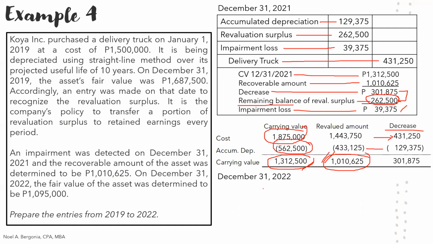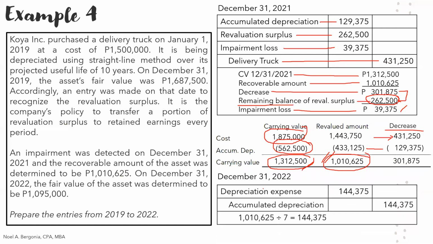So, on December 31, 2022, entry ulit for depreciation. So, we debit depreciation expense, 144,375, and credit accumulated depreciation, 144,375.